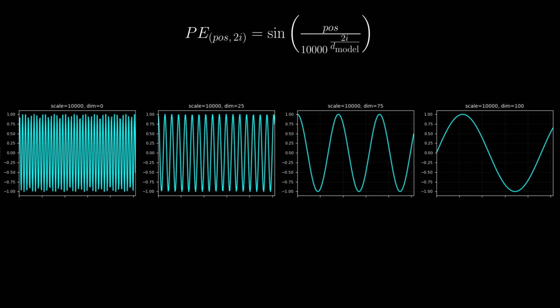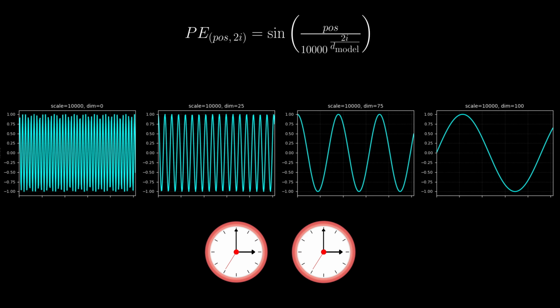A more intuitive analogy for this is a clock. Think of early dimensions, high frequency sinusoids, as the second hand, middle dimensions as the minute hand, and the lowest frequency dimensions as the hour hand. The second hand moves rapidly and captures tiny differences. The minute hand captures medium scale differences, and the hour hand is going to capture long range differences.